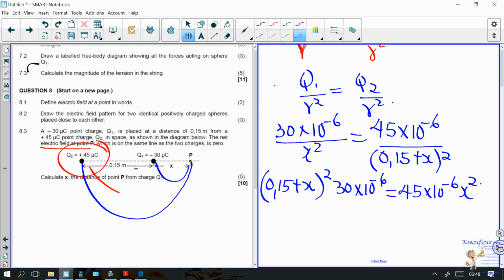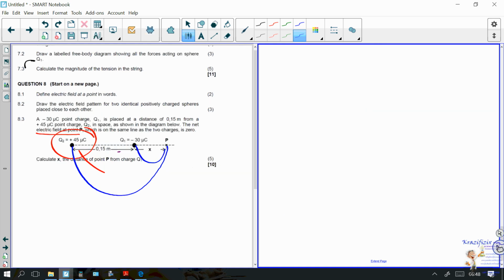Divide both sides by x squared. I'll show you something later on so you can get a grip of that. We can divide both sides again by 30 times 10 to the power negative 6.